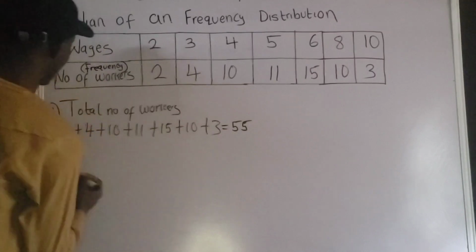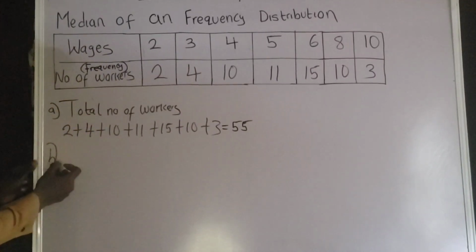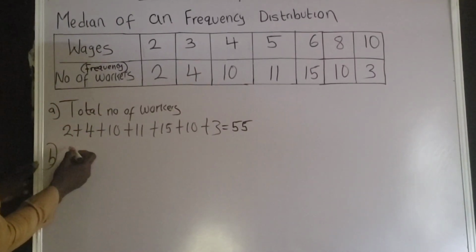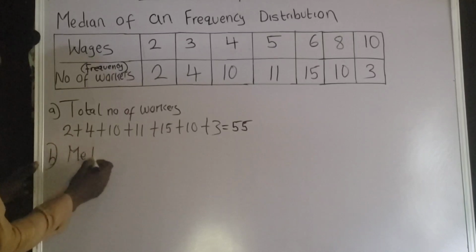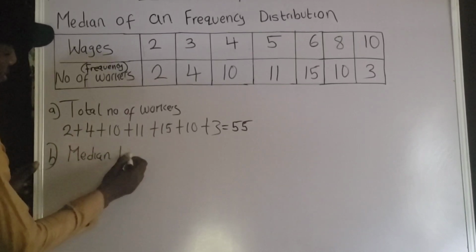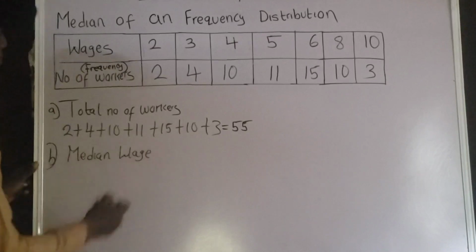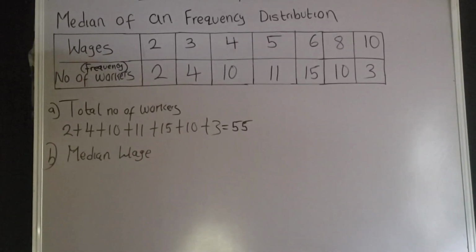Now let us proceed to question B. We are told to find the median wage. Now, don't forget, I told you that in order to get the median of a frequency distribution table, we first need to get the position of the median class.